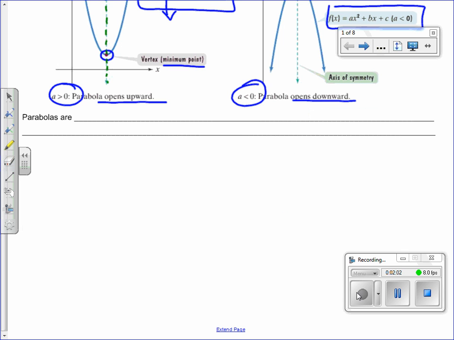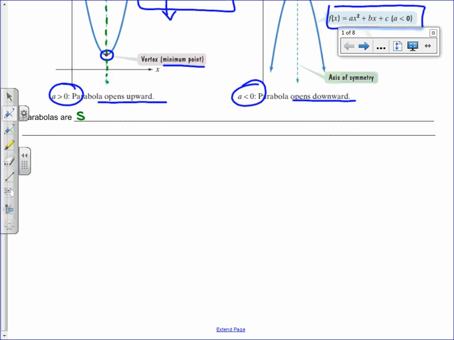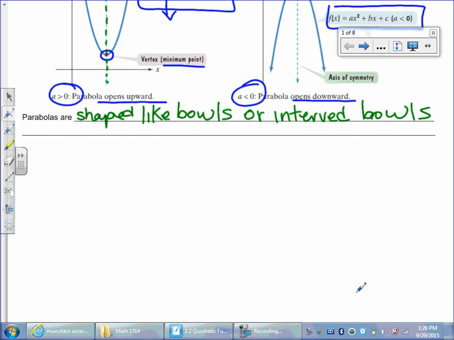Okay, so what I want you to write down here is that parabolas are going to be shaped like folds or inverted. I don't really agree with this, but that's what the book says. And we're just going to repeat what I said previously.